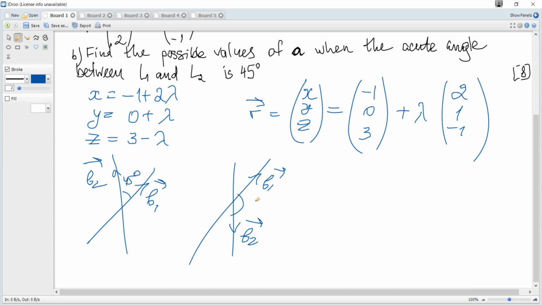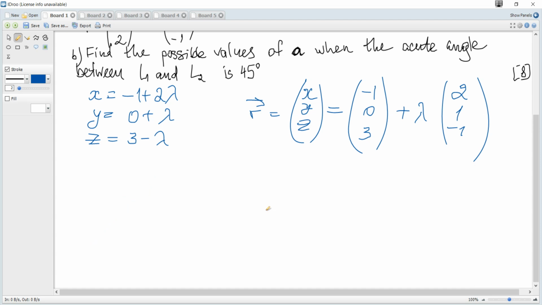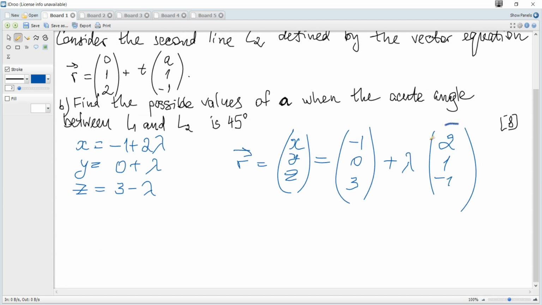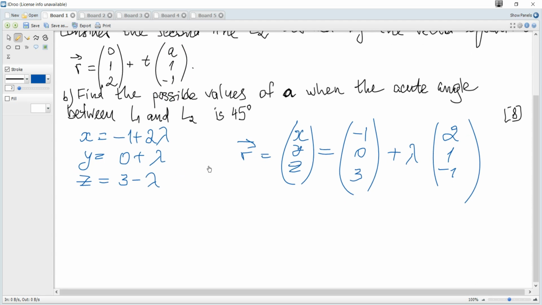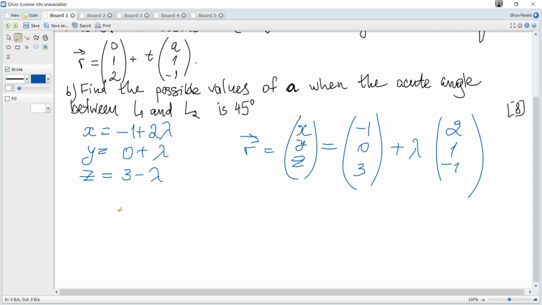so that the angle between direction vectors is 135 degrees. And how to connect two vectors and the angle? We can consider the dot product. And what is b1? What is b2? b1 is the direction vector of one line, and b2 is the direction vector of the other line.